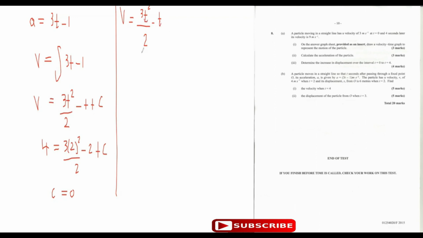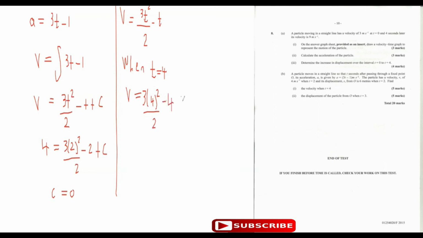Now I want the velocity when t is 4. So when t is 4, we can plug in t as 4. We get v is equal to 3 times 4 squared over 2 minus 4.